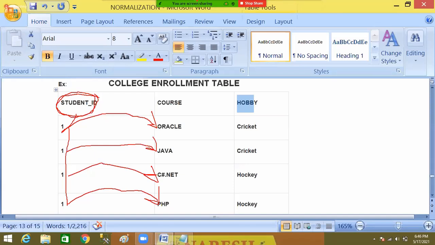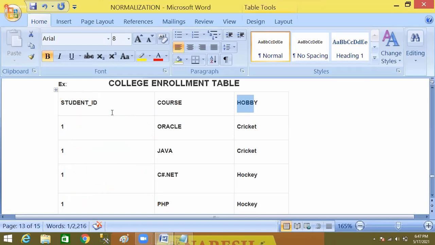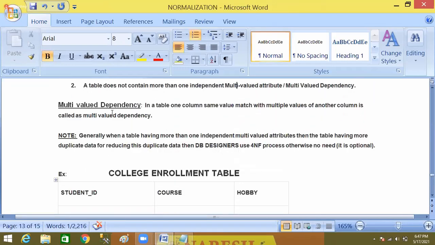Multiple values here are Oracle, Java, C Sharp.net, PHP. These are called multiple. This kind of situation is called a multi-value dependency. Now tell me, guys, is the definition clear to all of you?